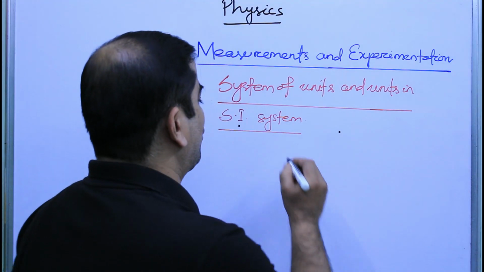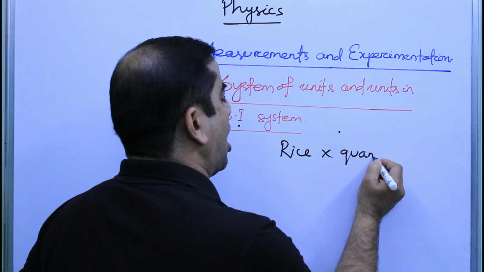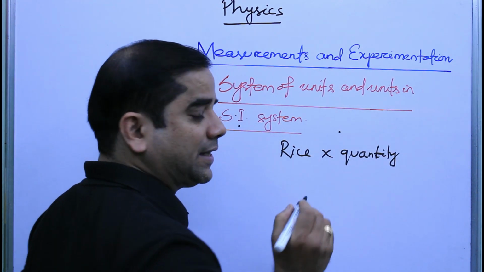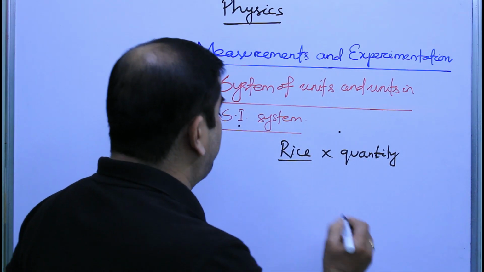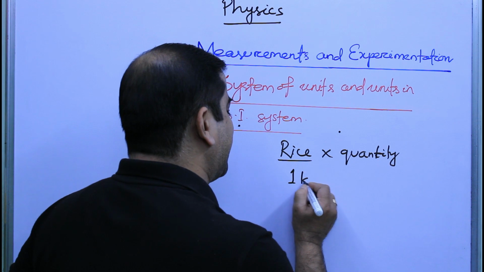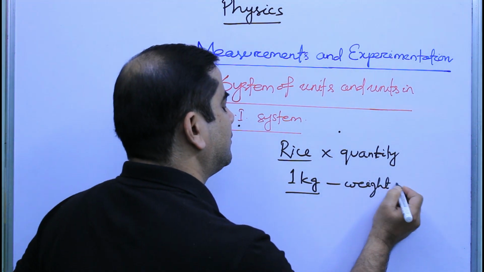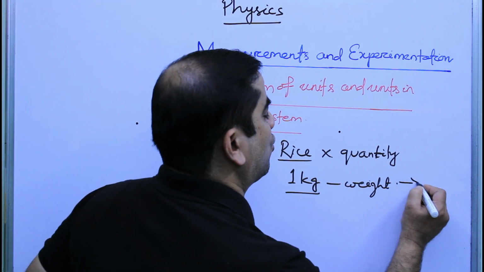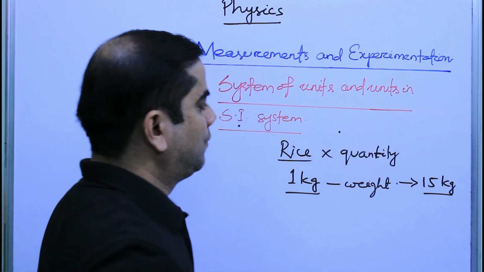For example, suppose I have some rice and I don't know what is the quantity or how much is the rice that is with me. For that, what I do, I weigh the rice, okay, comparing it with 1 kg of weight. So when I compare, I find it out to be 15 kg. Fine.